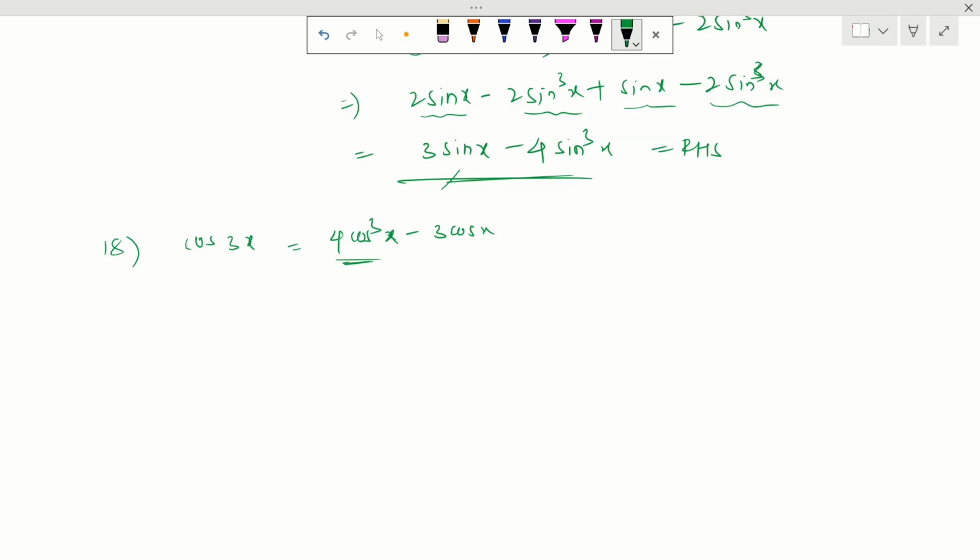Now this cos 3x I'm writing in the same fashion as in the 17th, where we wrote sine of 2x plus x. In the same way I'm writing here cos of 2x plus x.